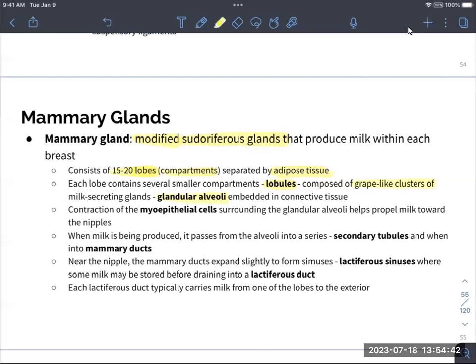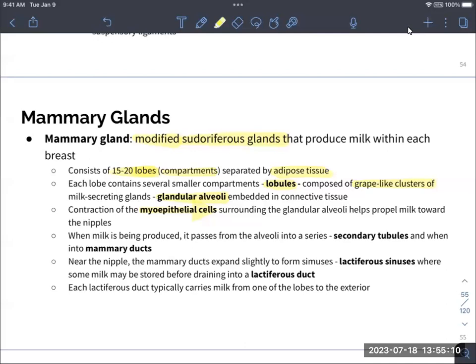So contraction of the myoepithelial cells will help take milk and project it towards that nipple. When this milk is being produced, it's going to pass from that alveoli into these tubules, secondary tubules, that'll lead into the mammary ducts.